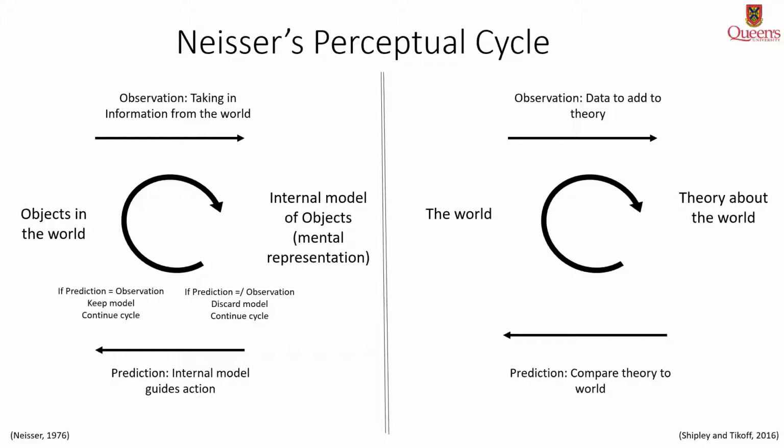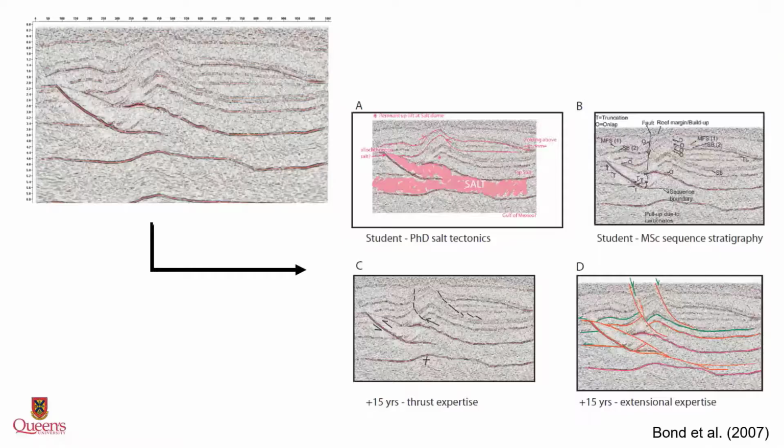So there's been some work in the geosciences on this by Clare Bond. Back in 2007 at a conference, she asked 412 participants to make an interpretation of a section of seismic data, as you can see in the upper left-hand image.